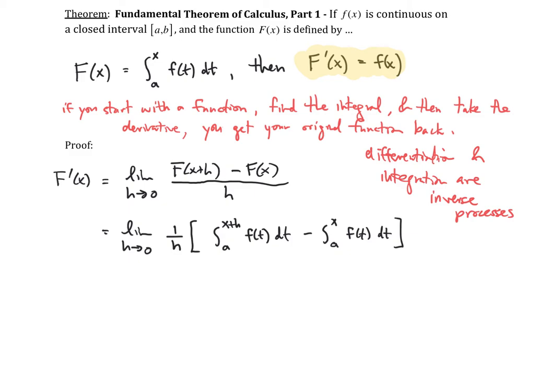In our next line, I want to invert the limits of integration in our second integral. When we invert those limits, we pick up an additional negative sign. So this is equal to the limit as h goes to 0 of 1 over h times the integral from a to x plus h of f of t dt.